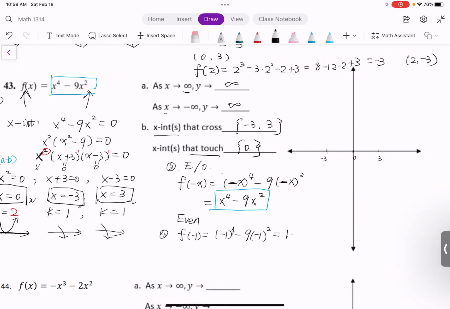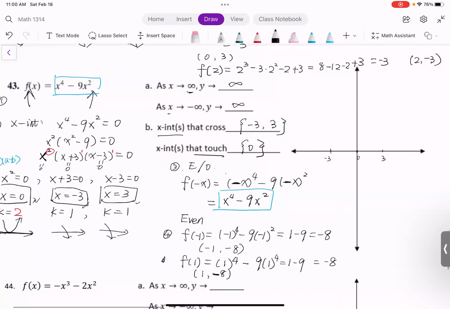So we have 1 minus 9, that's -8. So the point is (-1, -8). And let's try f of 1. 1 to the fourth minus 9 times 1 squared. 1 minus 9, that's -8. You see something? Positive 1, -8. The positive 1 and -1 have the same y value because this is an even function.